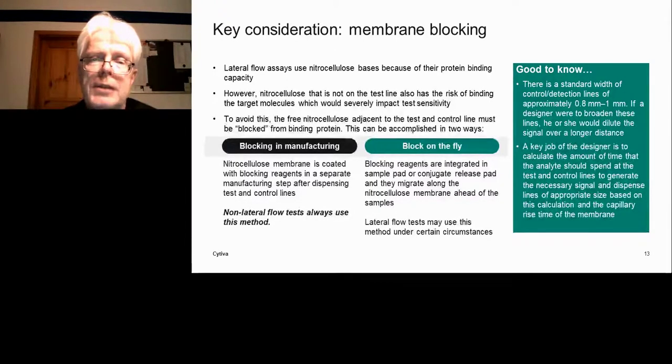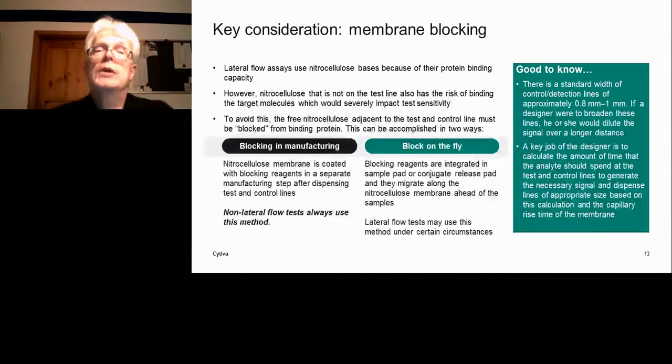variability of the pads that are in front of the membrane, and that means you will have different concentrations of blocking reagents in your migrating liquid, since you will have variable thickness, and that means variable pad volume, but you will always apply the same volume to your cassette housing or to your dipstick.